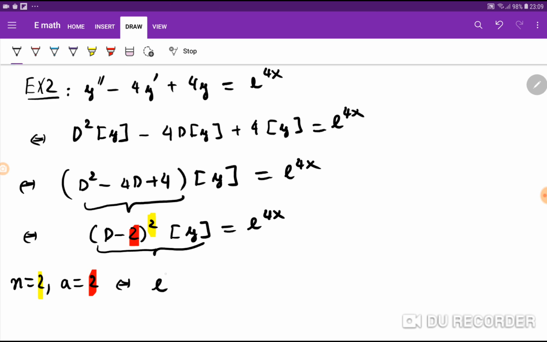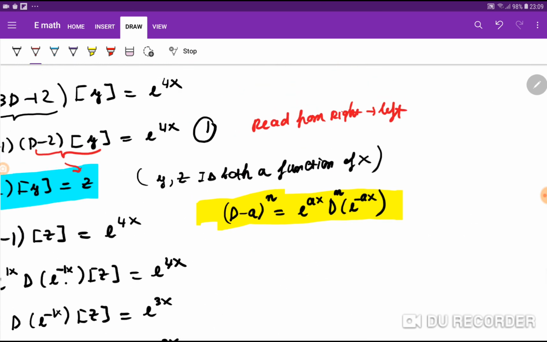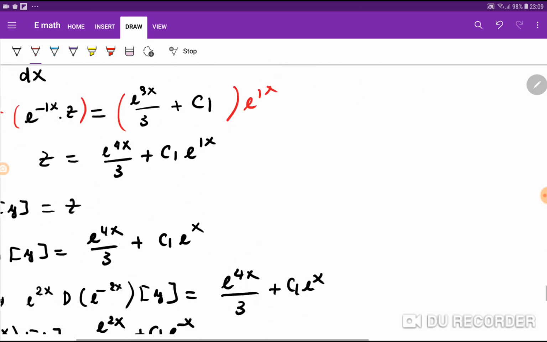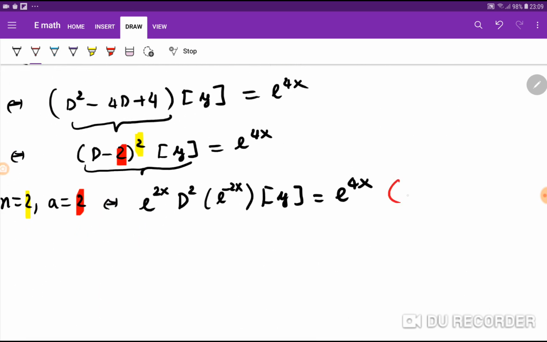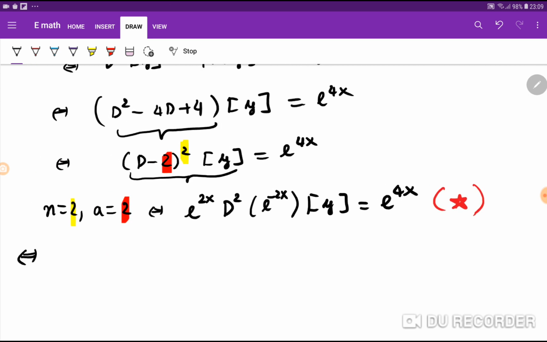It's e to the power of 2x d square y, d square, sorry, be careful, e to the power 2x y equals e to the power 4x. I'm using this formula right here. Let me call this star. Okay, now I'm gonna divide by e to the power 2x on both sides. I got d square e to the power 2x y equals e to the power 2x.